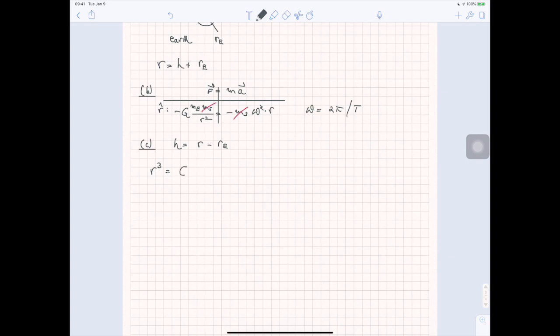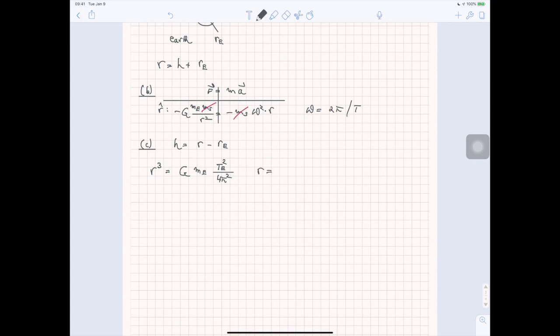On the other side we have capital G times the mass of the Earth, and then we replace omega by 2 pi over T. So you have T_E squared divided by 4 pi squared, because omega is 2 pi over T, but we're multiplying by T and dividing by 2 pi, and the whole thing is squared.